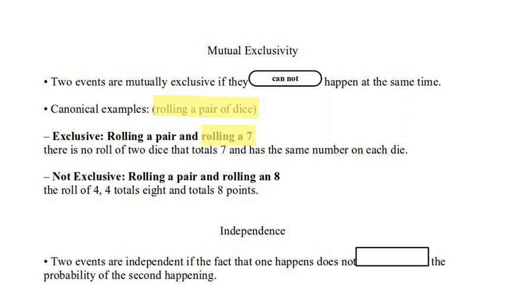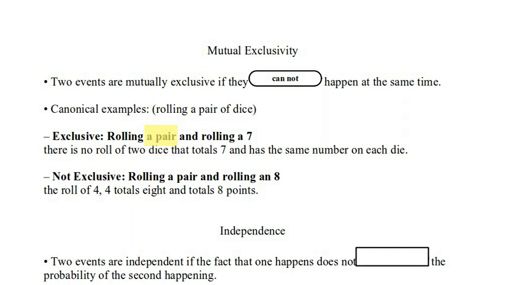But we're asking an and question here. Notice that the next thing I want to point out to you is that we're not simply talking about rolling a 7. We're talking about rolling a 7 and rolling a pair. In other words, they have to happen simultaneously. What's a pair? So a pair is, I hope, exactly what you'd expect. A pair is two of the same number. So 1 and 1 would be a pair, 2 and 2, 3 and 3, 4 and 4, 5 and 5, you get the idea.